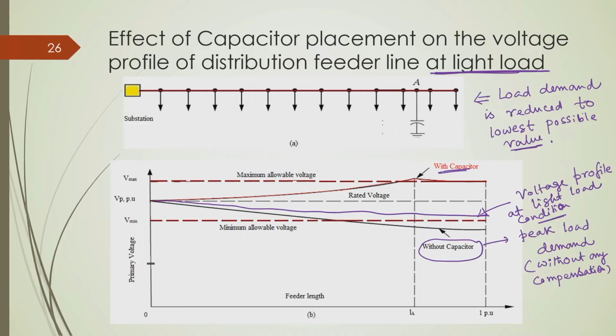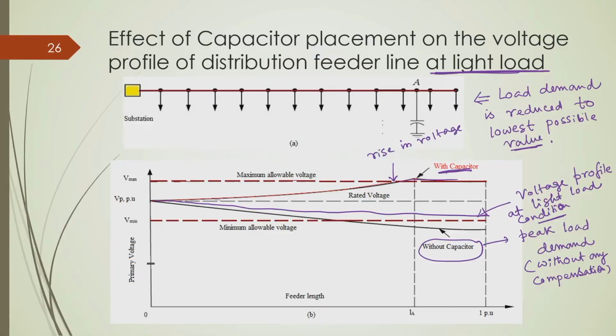Okay. Now, if we do so, and if we keep the same amount of compensation even at this light load condition, the characteristics or voltage profile would be something like that. So, here you can see there is a rise in voltage. So, this shows rise in voltage above the substation voltage for some of the nodes.